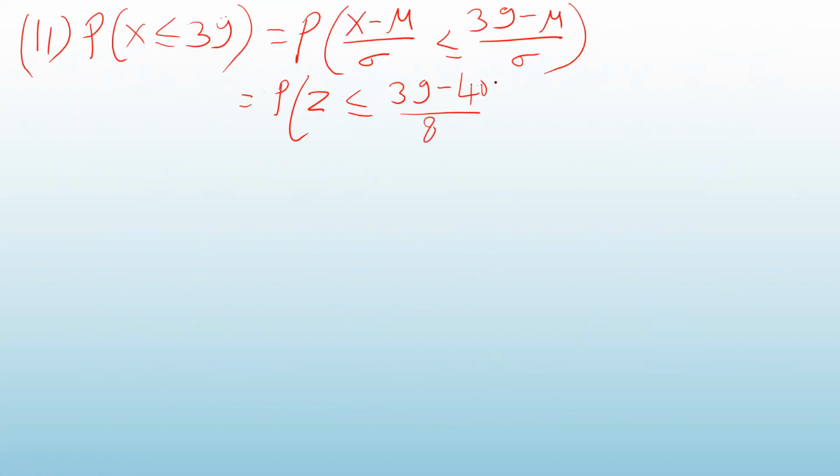So you will get the probability of z less than or equal to (39 minus 40) upon 8. Calculate that.